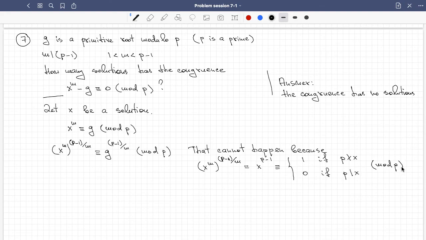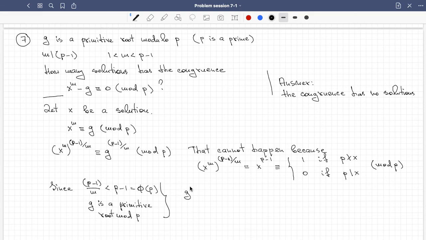At the same time, since p minus 1 divided by m is smaller than p minus 1, which is phi of p, and g is a primitive root modulo p, the smallest power to raise g to get 1 is phi of p.